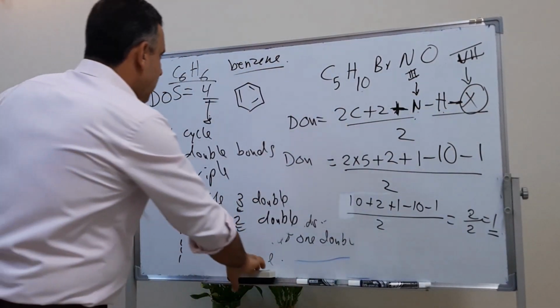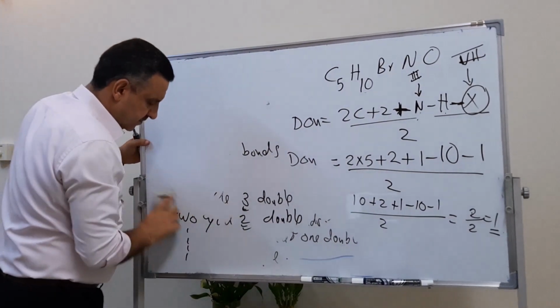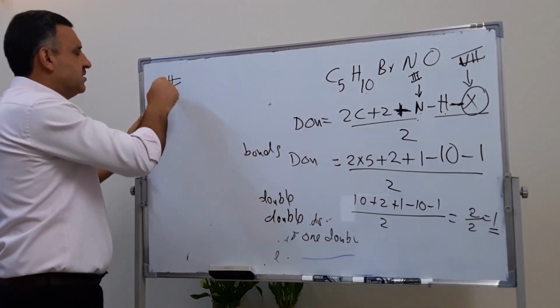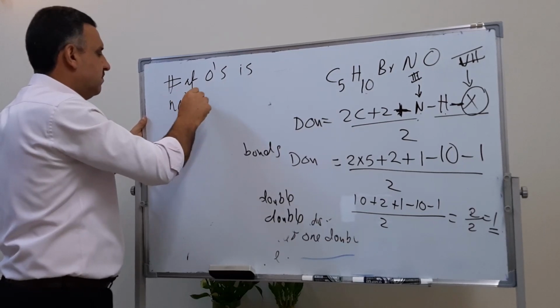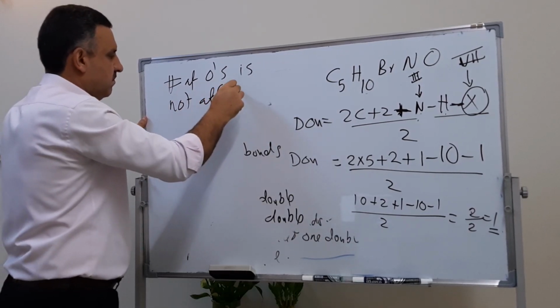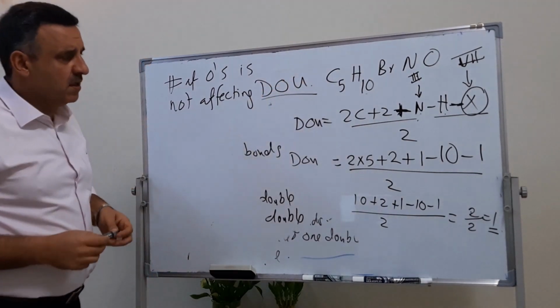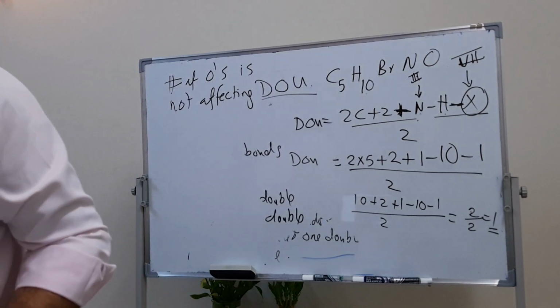So in the degree of unsaturation, the number of oxygens is not affecting it. Only atoms in group number 3 and group number 7 are calculated.